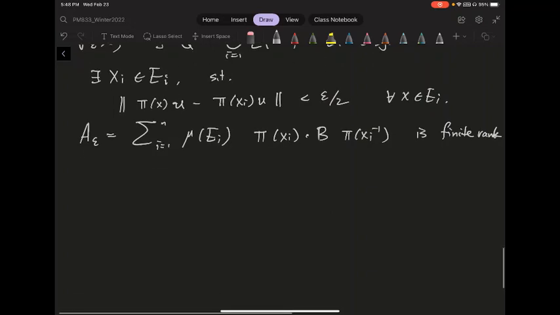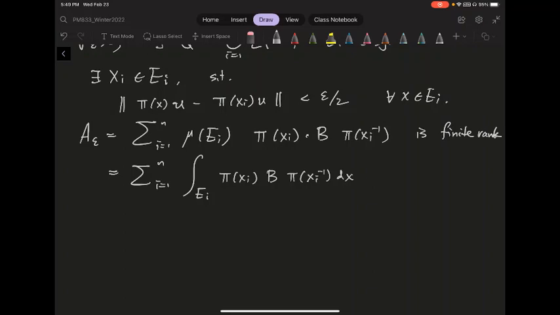Now think about the difference between this A epsilon and A. First of all, you can write A epsilon as the summation i going from 1 to n. It's essentially a discrete version of A. On each of these E_i, you use the constant pi x_i multiplied by B and pi x_i inverse dx.